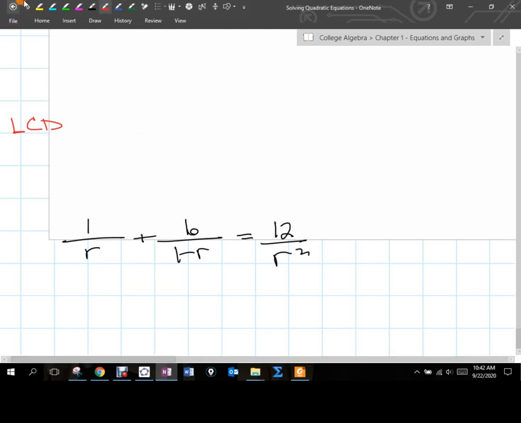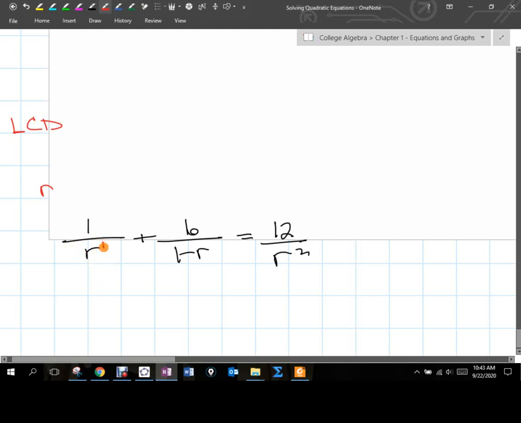The way we choose an LCD is we go through and pick the denominators that are new, and if they repeat, choose the ones that have the highest exponents. R is a component of all my denominators, so it has to belong to the LCD.